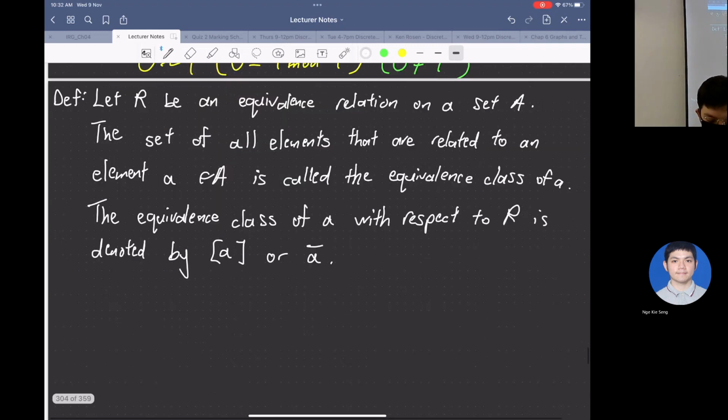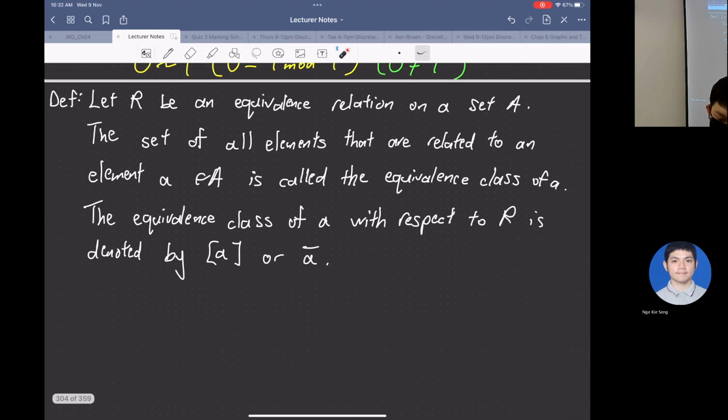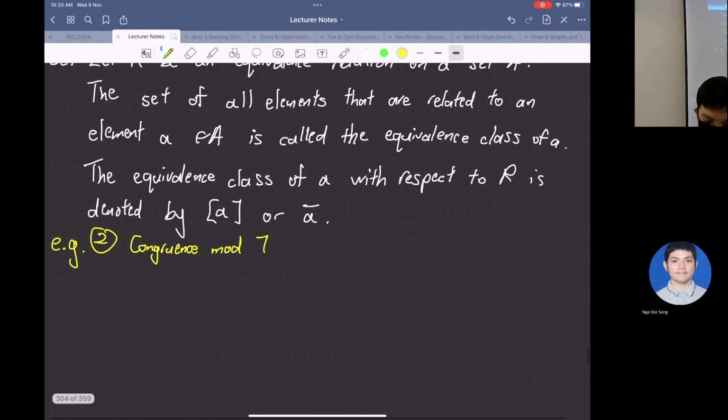It's a set. So for example, I claim that in the congruence mod 7, we get 7 equivalence classes.